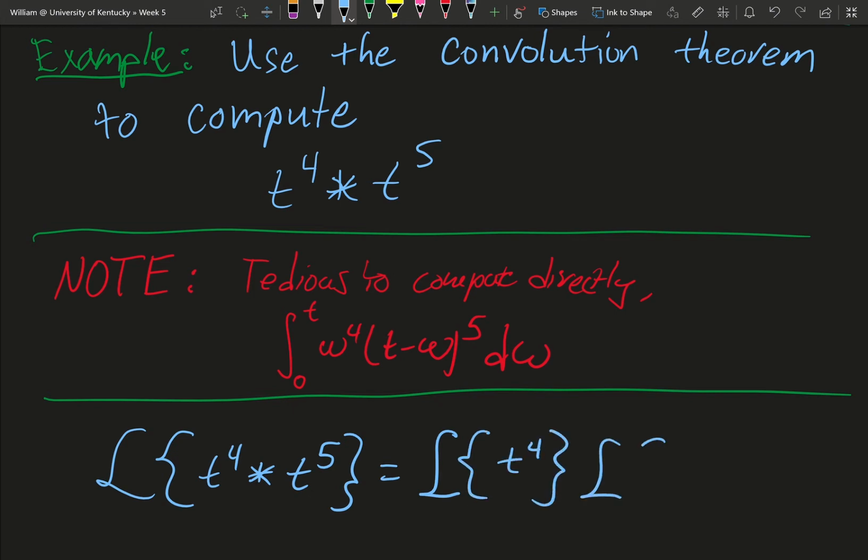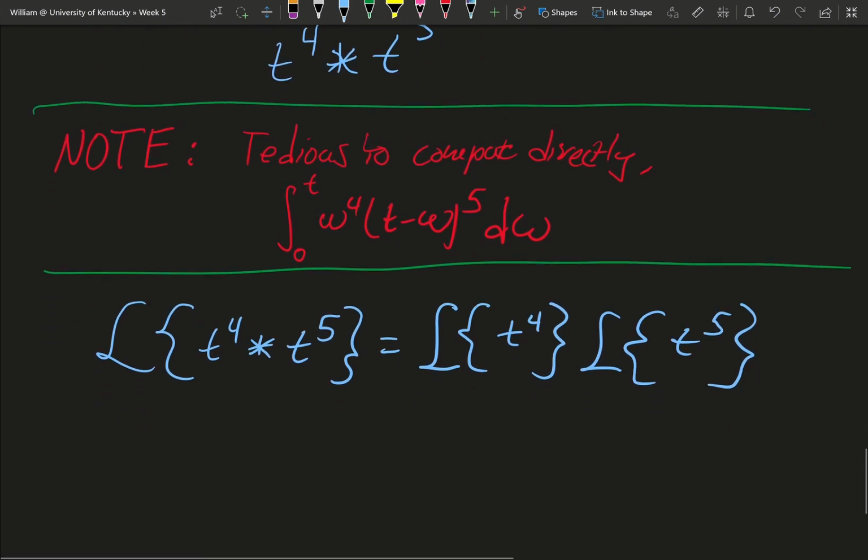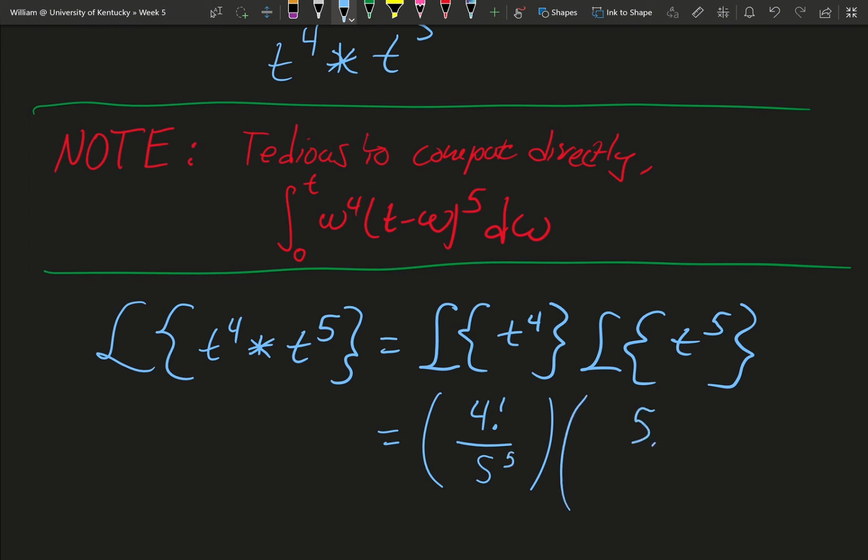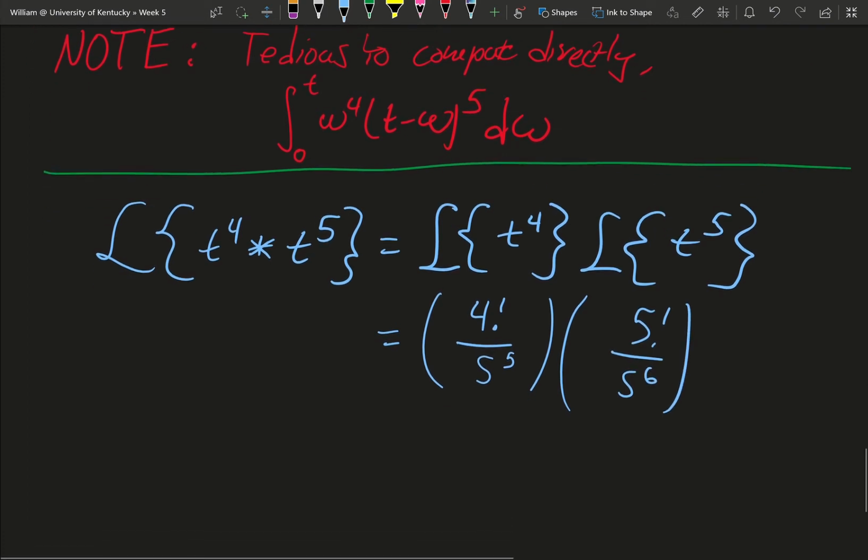It's just the product of the Laplace transforms of t to the fourth and t to the fifth. So remembering our power rule, we have 4 factorial over s to the fifth times 5 factorial over s to the sixth, or 4 factorial times 5 factorial over s to the 11th.